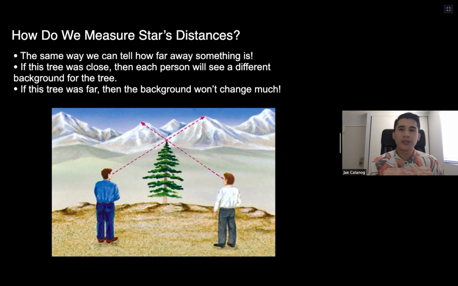So the method that we use is the same method that our eyes use for depth perception. So for example, we have two eyes, and if we place an object in front of us and we're looking at it with both of our eyes, if you place an object really close, and then imagine closing one eye like this, you see some sort of background relative to your finger, and then when you switch eyes, that background significantly changes.